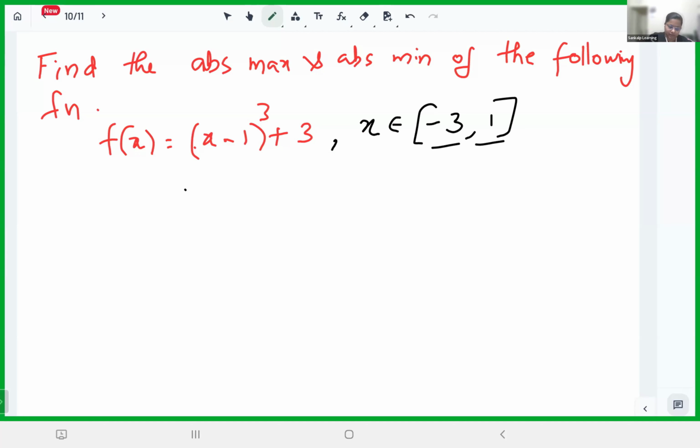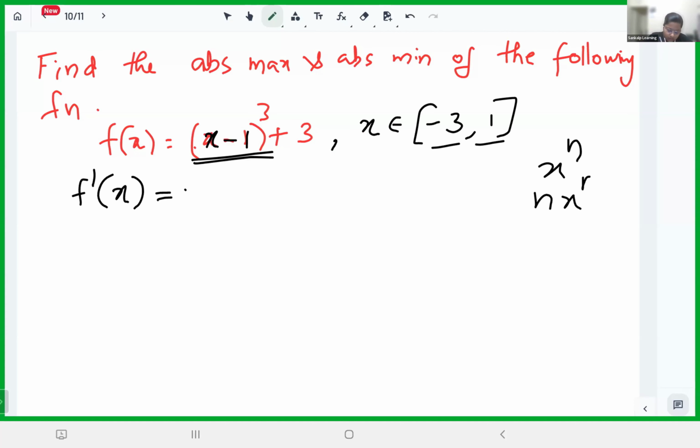So first we have to find out the critical point. So find f dash of x. This is actually a composite function, right? In the place of x, you can see that it is x minus 1. So assume x minus 1 as x and then find the derivative as usual. This is of the form x raised to n, so the derivative will be n x raised to n minus 1.